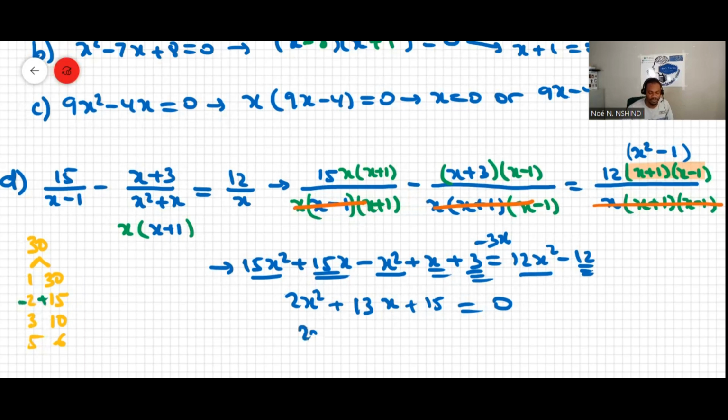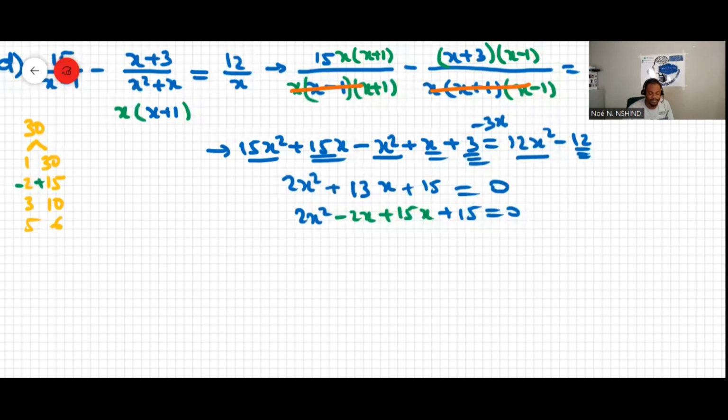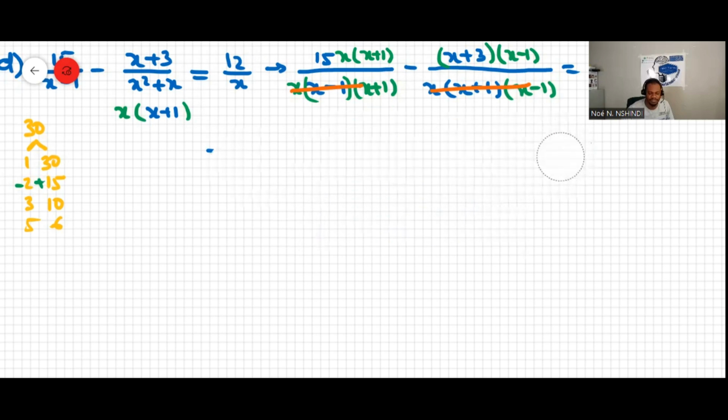So this will be 2x squared minus 2x plus 15x plus 15 equals 0. We can take 2x as the common factor for the first two, that makes x minus 1. And for the last two, I'll take 15 as the common factor. Let me just restart to redo this part.